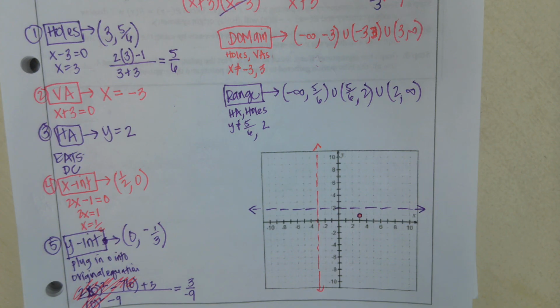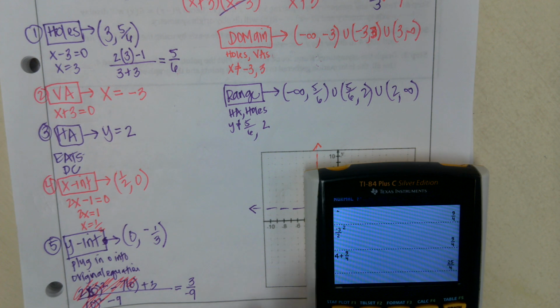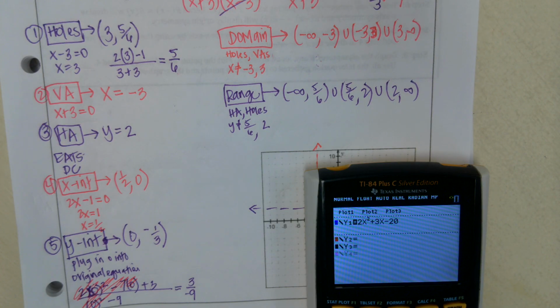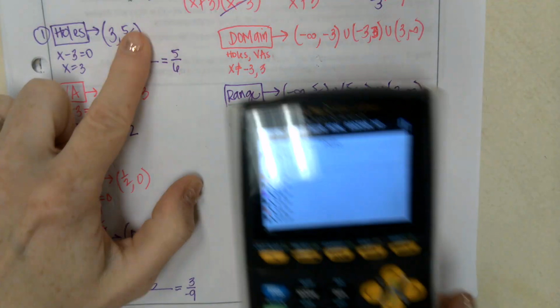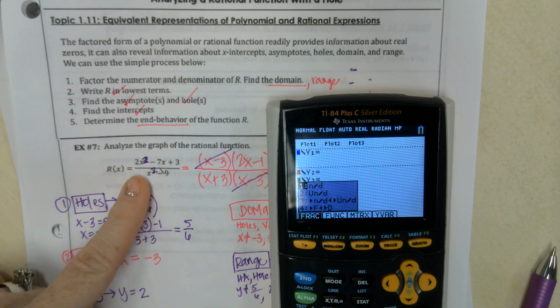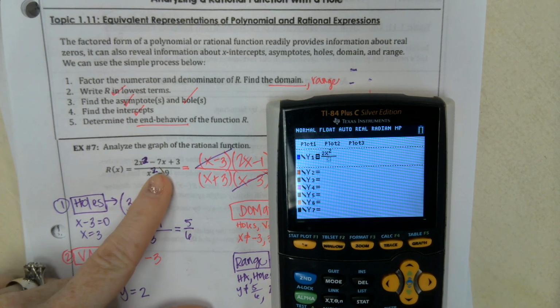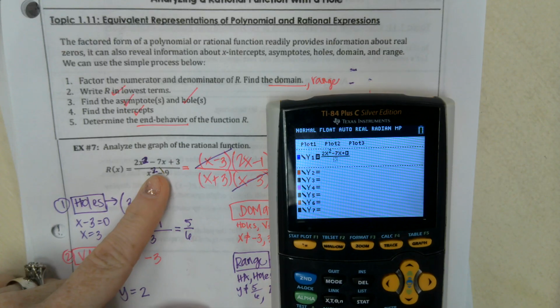Now, this is what I want to do. I am going to type this into the graphing calculator for now. You can type this into Desmos, but not right now. I just want you to look. I'm going back to my original equation, and I'm doing a fraction, and I type in the whole original function.